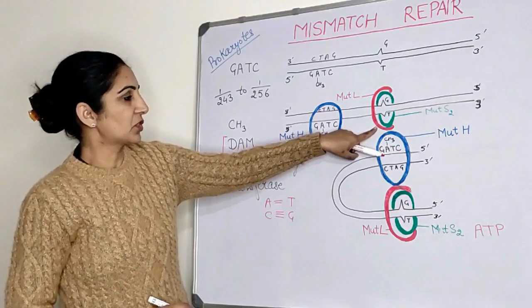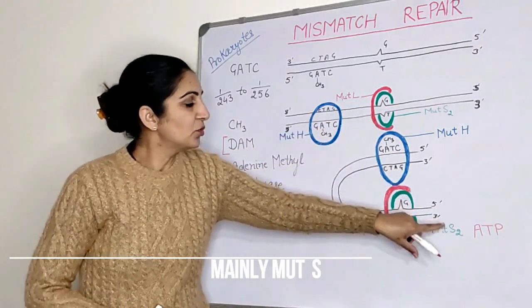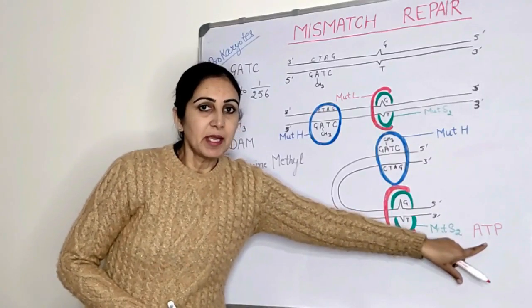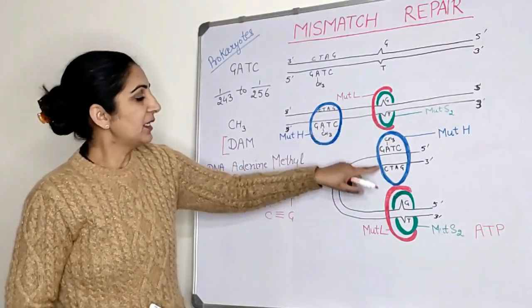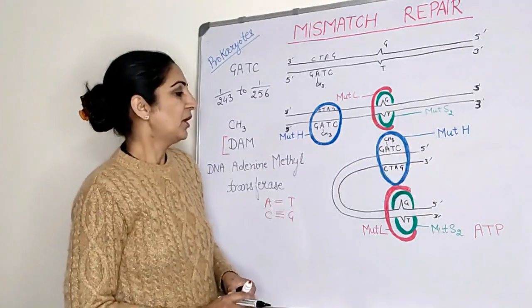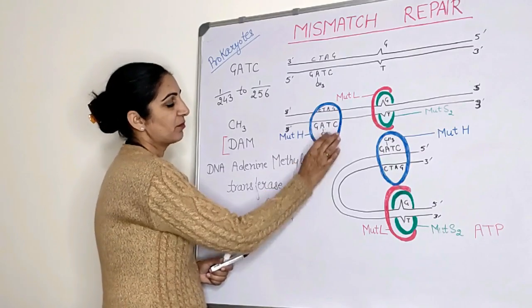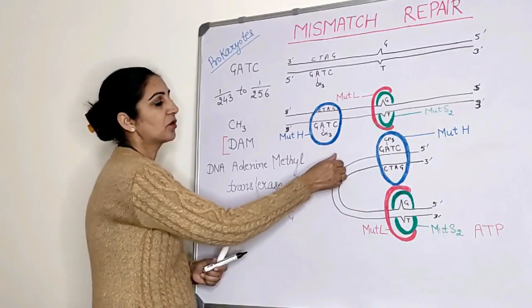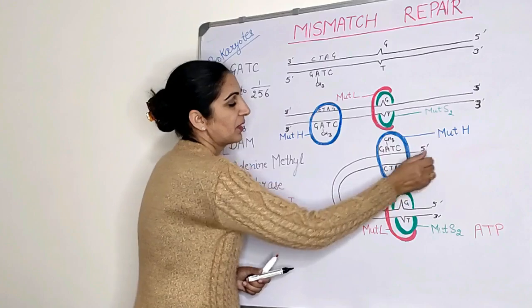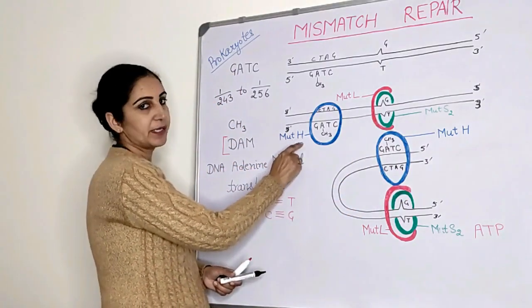This whole combination uses ATP and causes the DNA strand to bend upon itself. Now what happens? This GATC segment also gets bent here. But here there was one protein known as MutH.